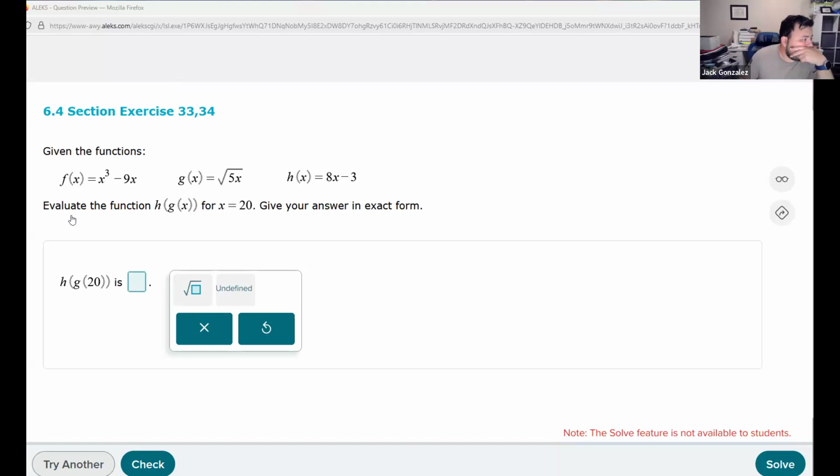Let me find one real quick. Kind of like this one.